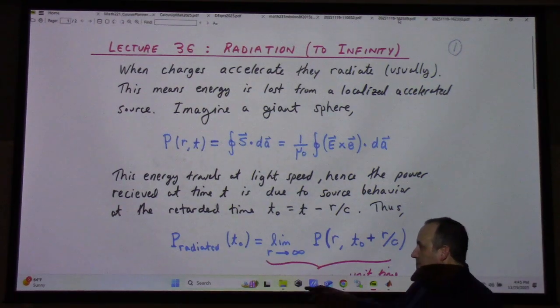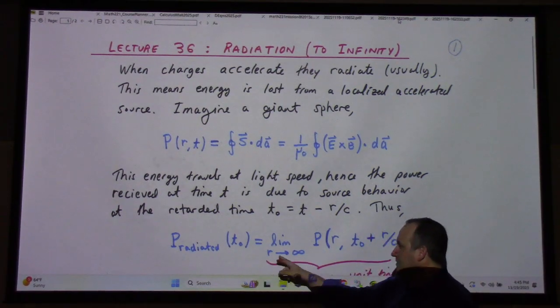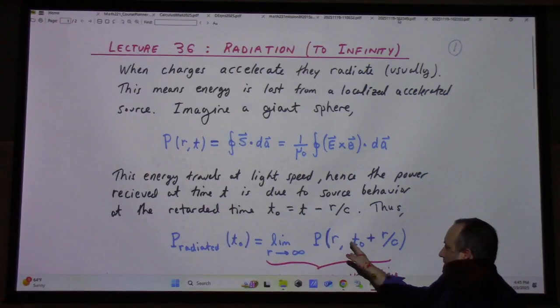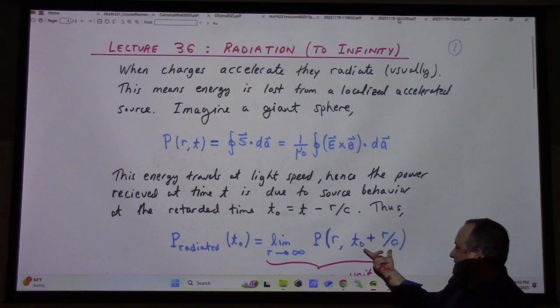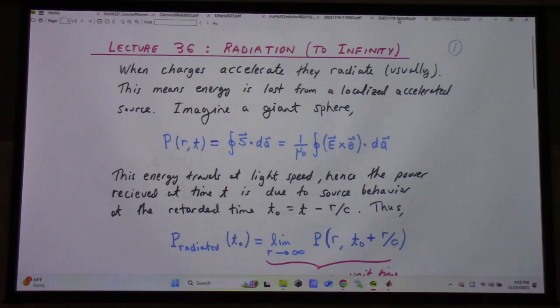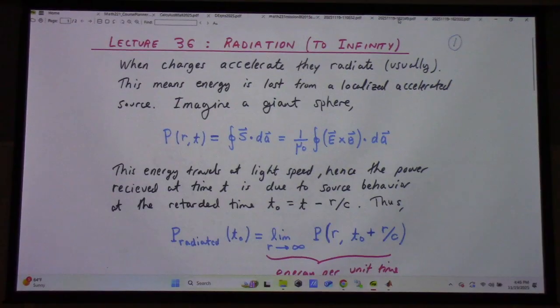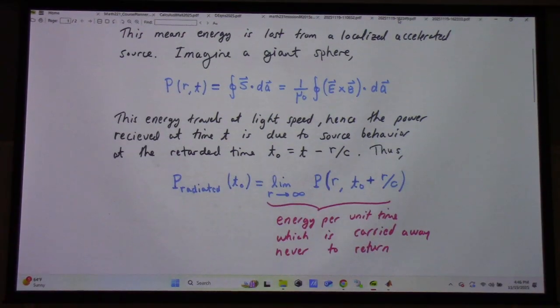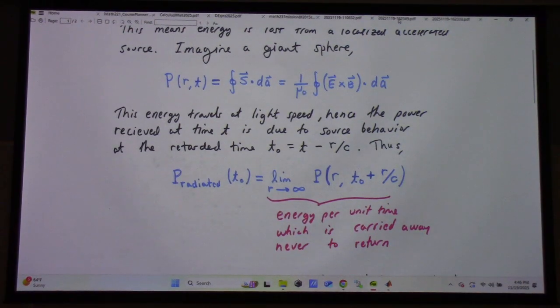So the power radiated at time t naught is the limit as R goes to infinity of the power at this time, which would be a previous time, the t naught. Well, I guess there's a substitution going on there, I think. But anyway, that's the energy per unit time which is carried away, never to return.